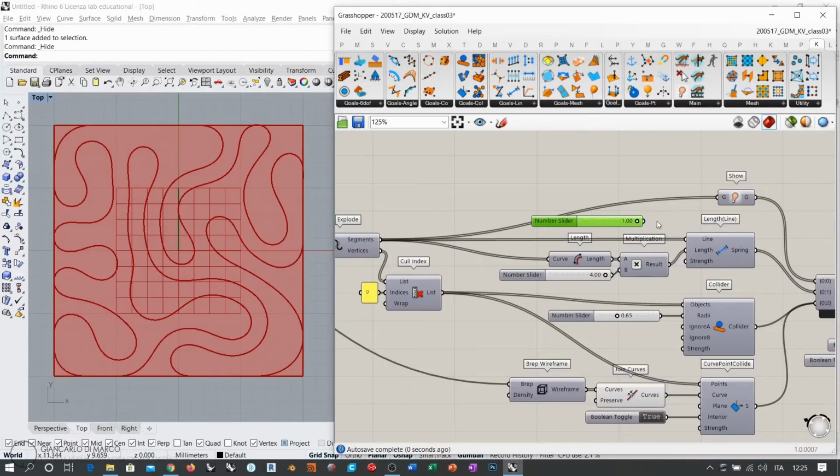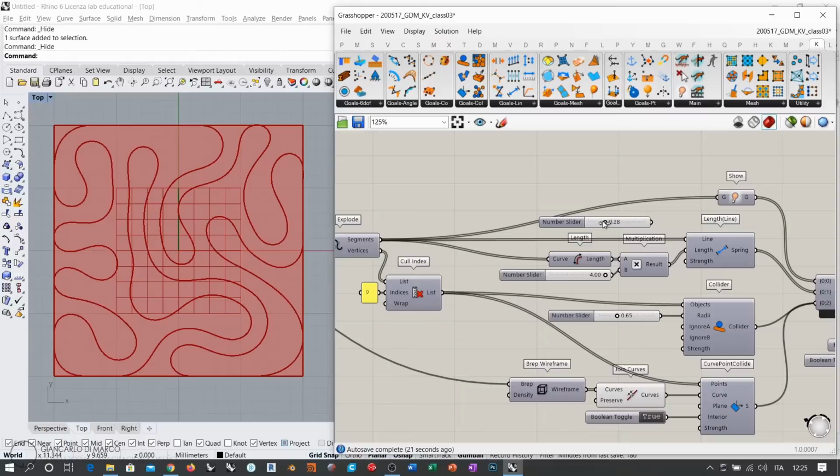And now saying 1 is actually 4 times stronger than saying 4 times the actual length, because 4 times the actual length is more or less 0.25. So 1 is already 4 times bigger than this actual length multiplied by 4. So this value is already a big value for our simulation.